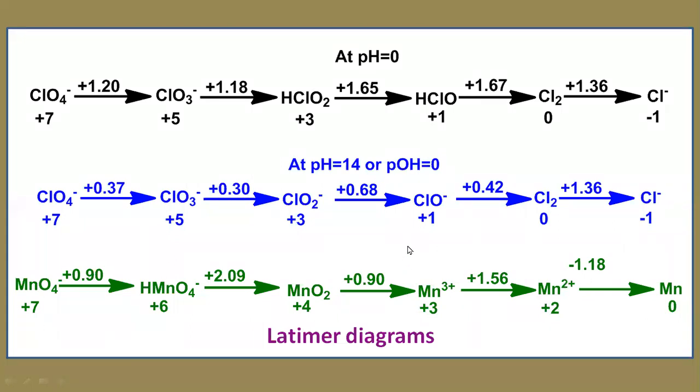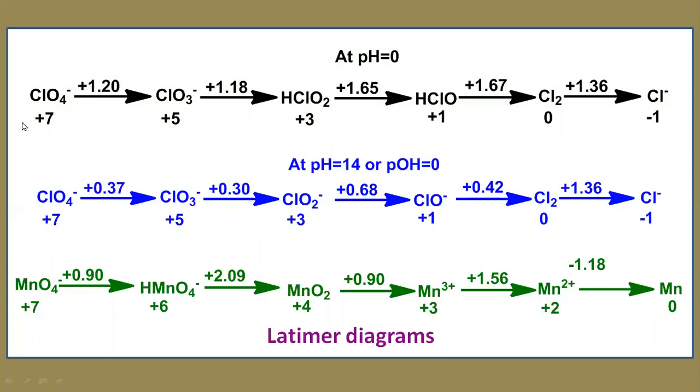Here I have given only two examples, one for chlorine and one for manganese. This is the Latimer diagram for chlorine at pH 0, and this is the Latimer diagram for chlorine at pH 14, or pOH equal to 0.